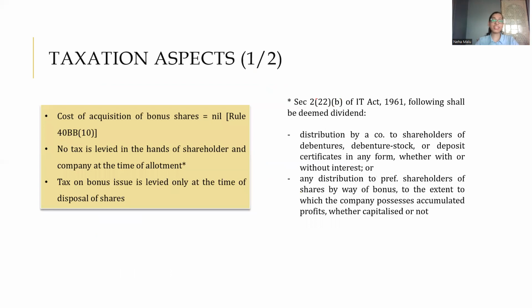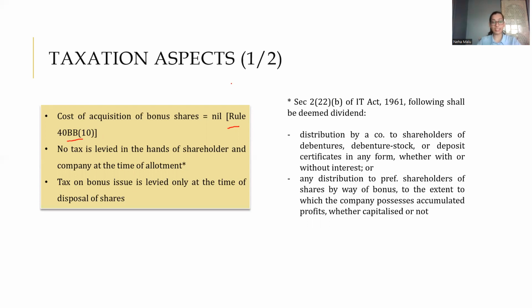Next, moving ahead with the taxation aspects. As per Rule 40BB of the Income Tax Rules, the cost of acquisition in case of bonus shares is nil, and therefore no tax is levied on the shareholder or the company at the time of allotment.